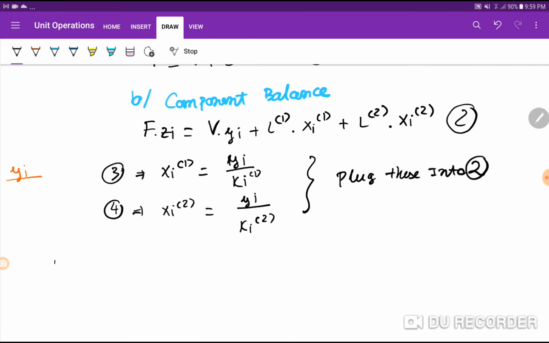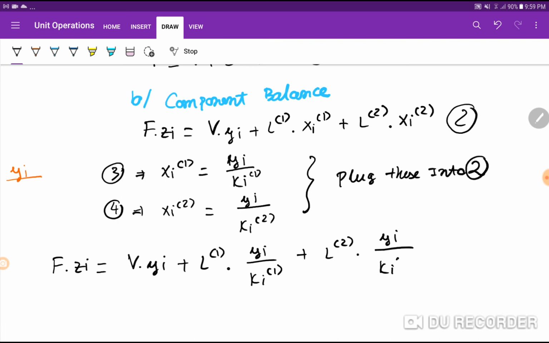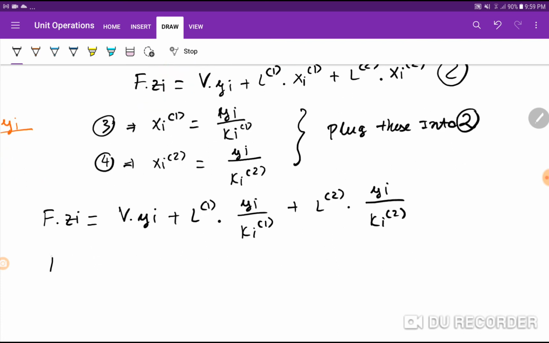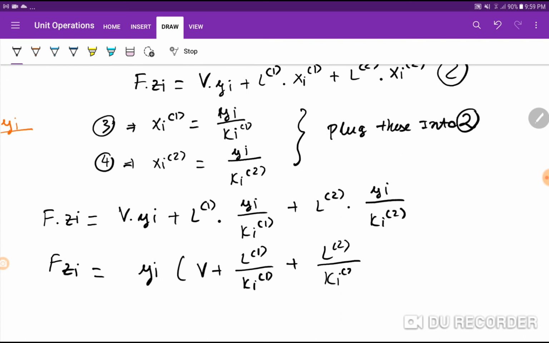You have F times Zi equal V times Yi plus L1 times Yi over Ki1 plus L2 times Yi over Ki2. Okay, so you have F times Zi equal, I'm gonna factor out Yi, we have V plus L1 over Ki1 plus L2 over Ki2.